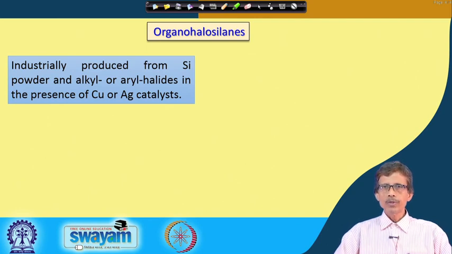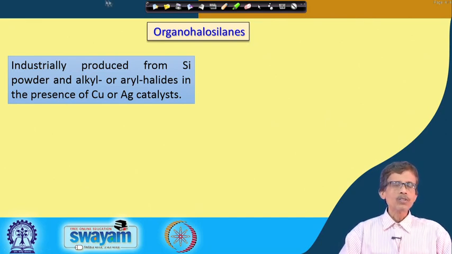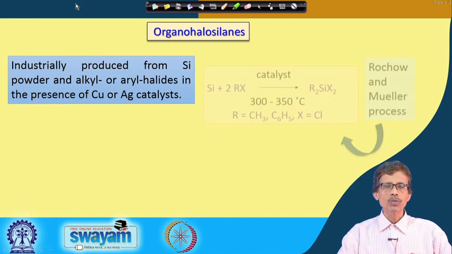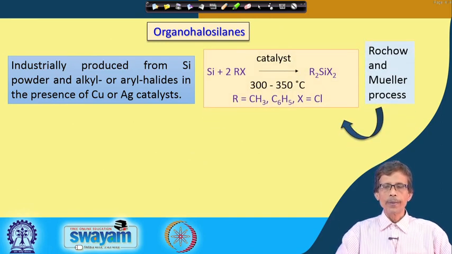Chlorobenzene is a liquid, and that can be reacted with the silicon center such that the corresponding insertion reaction can take place into the carbon-halogen or carbon-X bond. In the presence of some copper and silver catalyst, the reaction can go very smoothly to produce this particular thing.